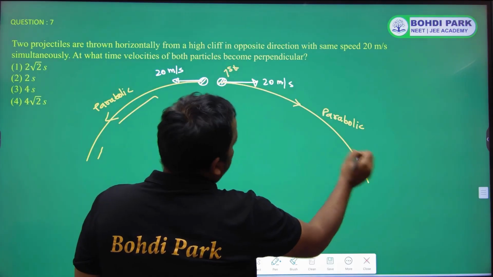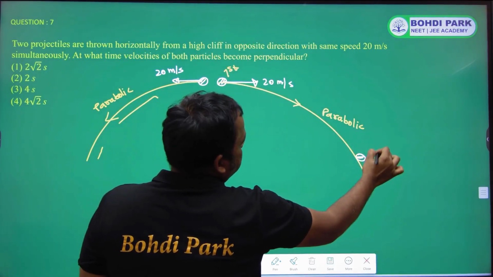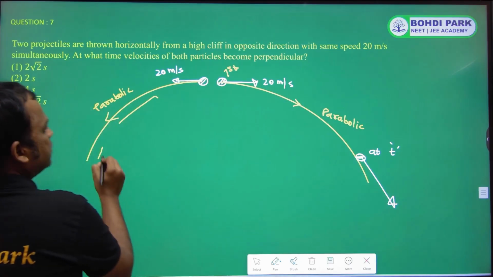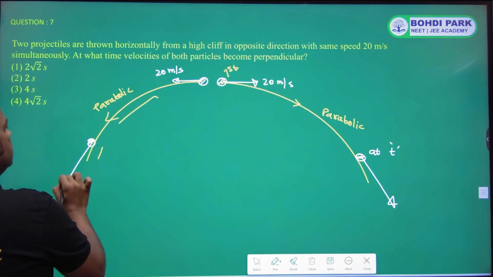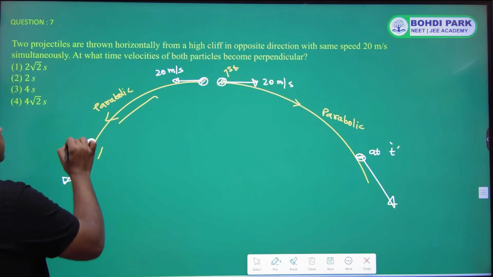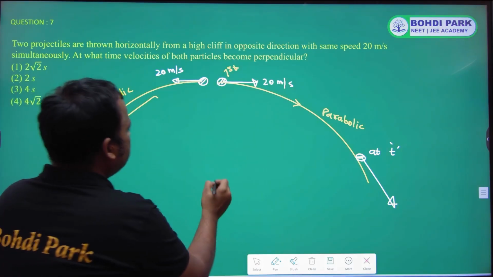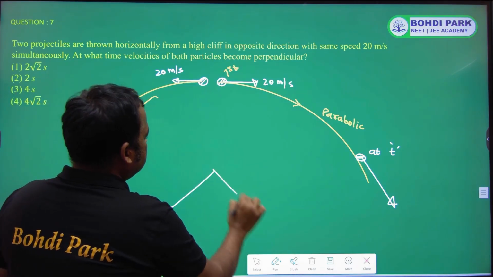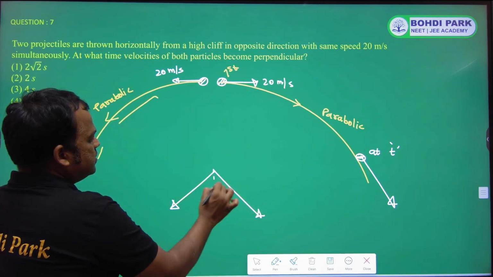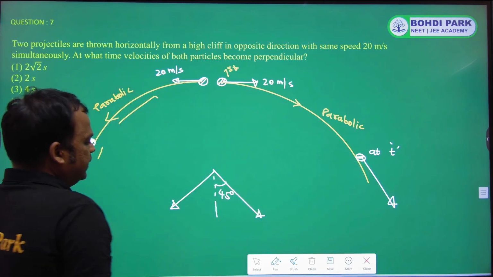So the first ball is here, at time t this is the velocity, and over here the second ball, this is the velocity. Now these two velocities are perpendicular. If I draw this using a vector, it will look like this. So basically this angle will be 45 degree.